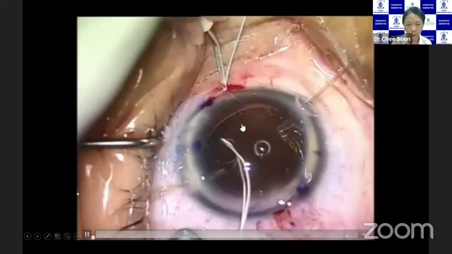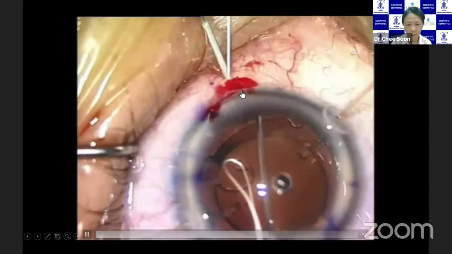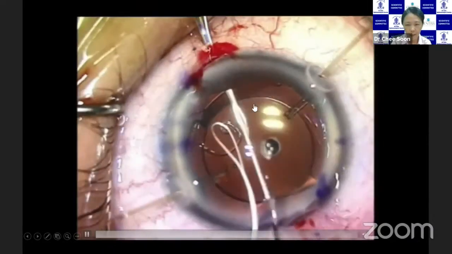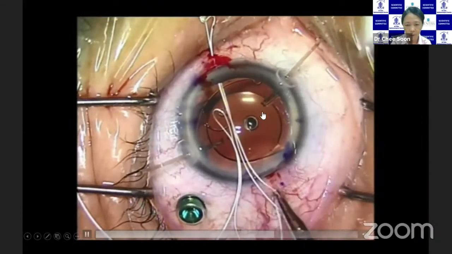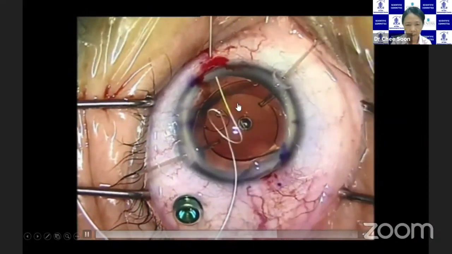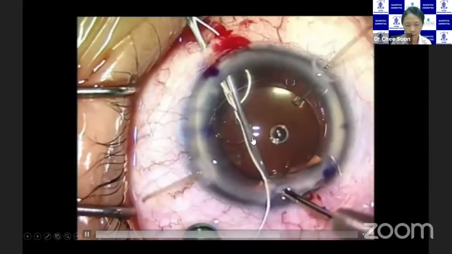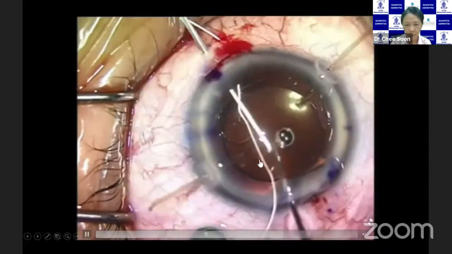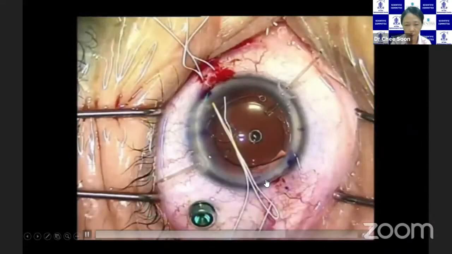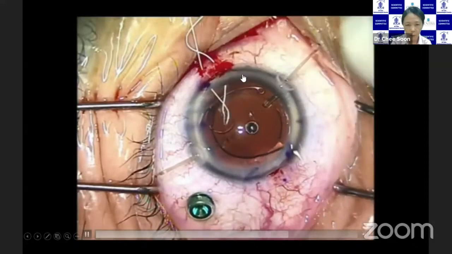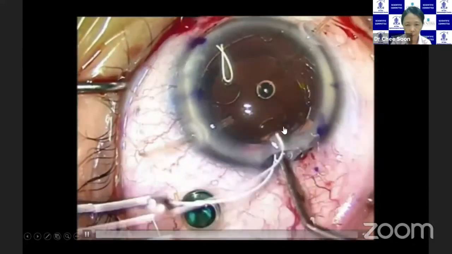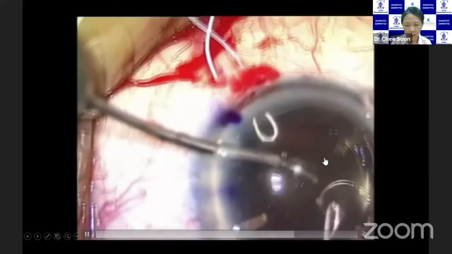And you can then introduce the suture snare, 1.7 mm posterior to the limbus, and then bring the end of the suture loaded on the capsule tension segment through to the scleral fixation point. We repeat this. So now both sutures are there, and we repeat it for this other segment.